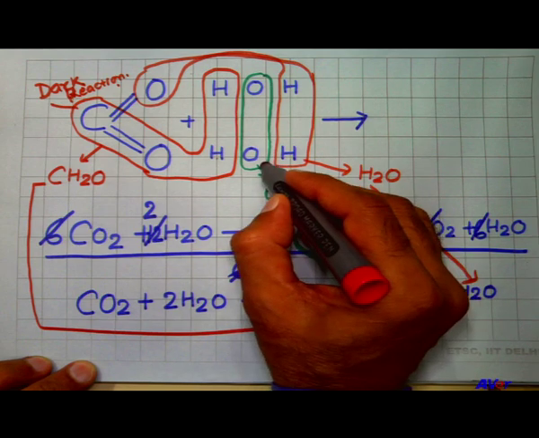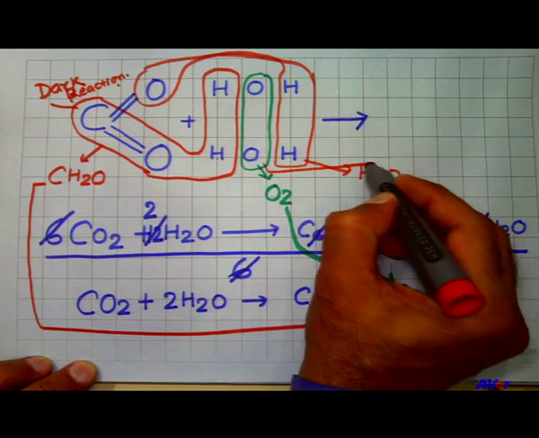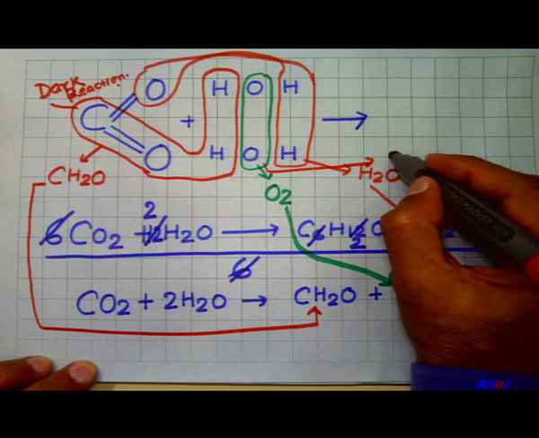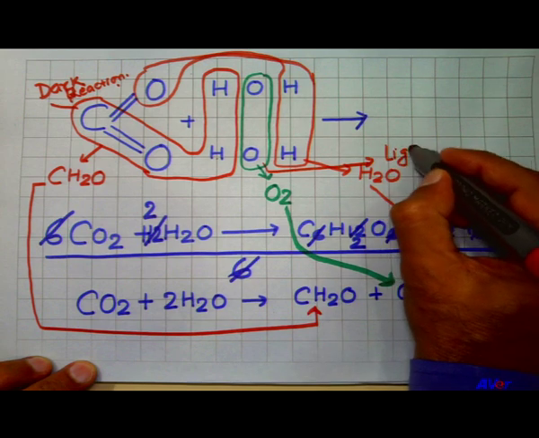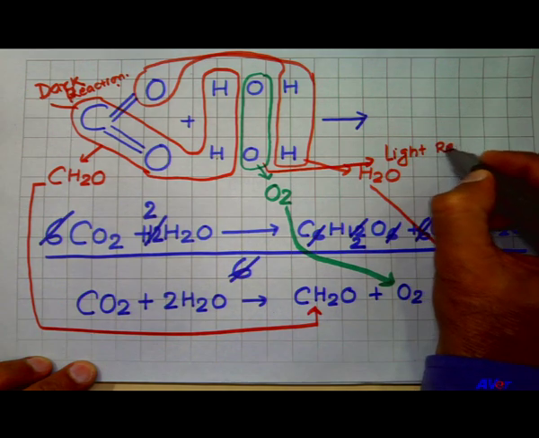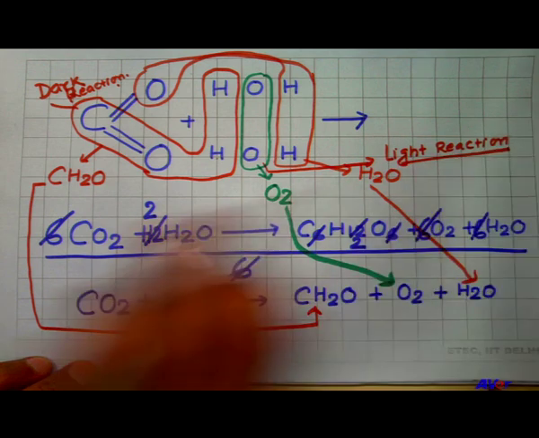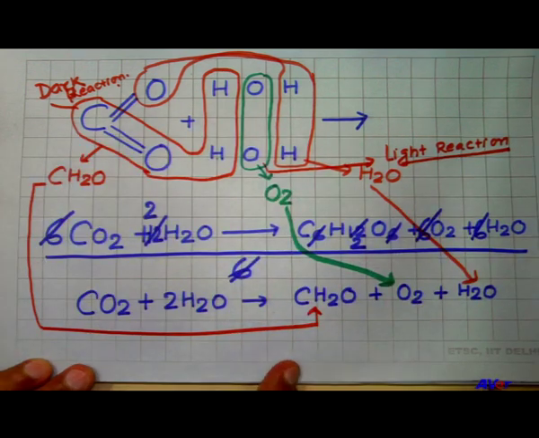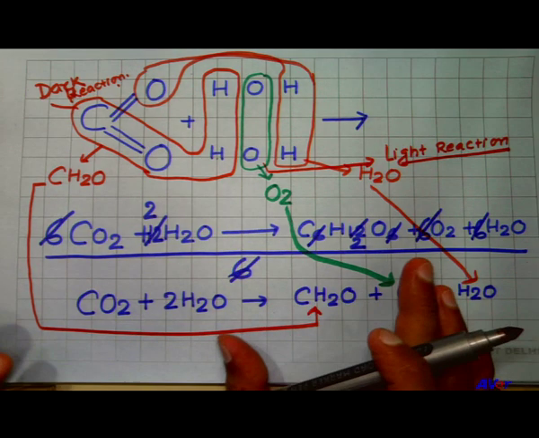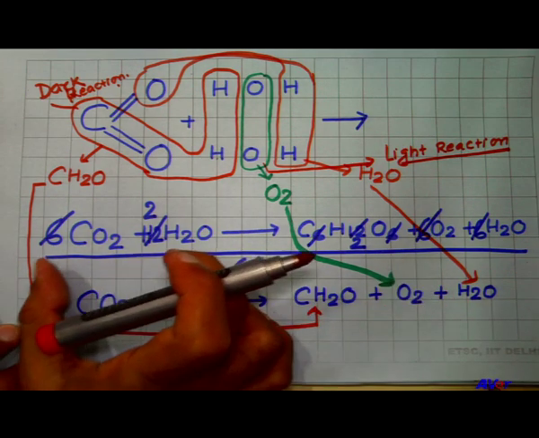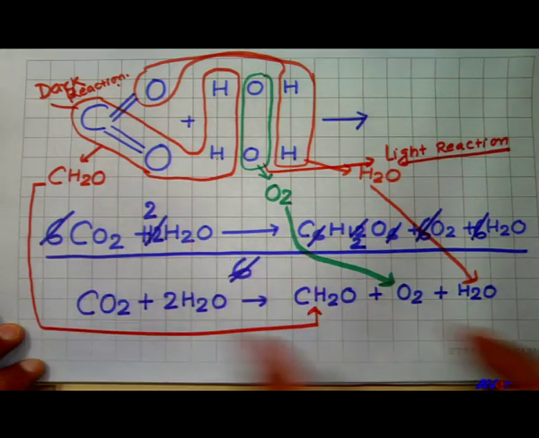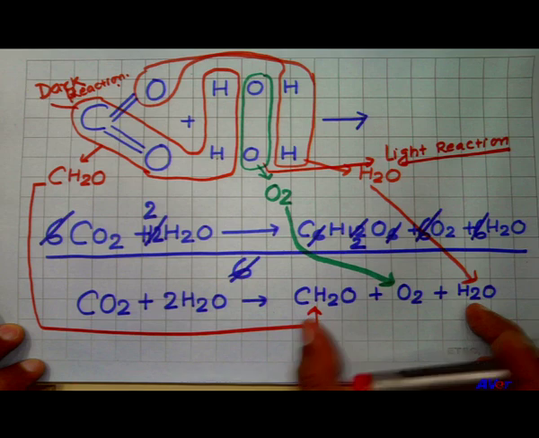So, the products are formed in the light reaction. With the help of this diagram, one can easily understand how this reactant is converted into this product.